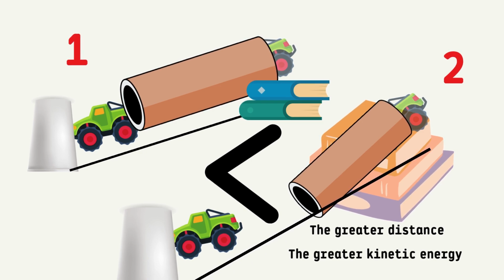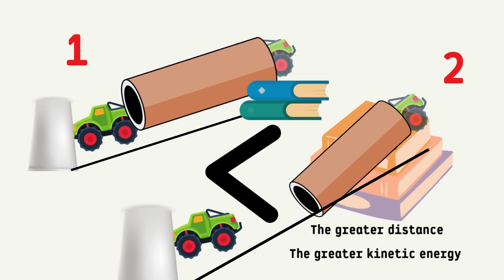So we have 3 books, and we will repeat the same steps. We will see that the paper cup moves more distance. When we increase the angle of inclination, the paper cup moves more distance, and that means it has more kinetic energy.